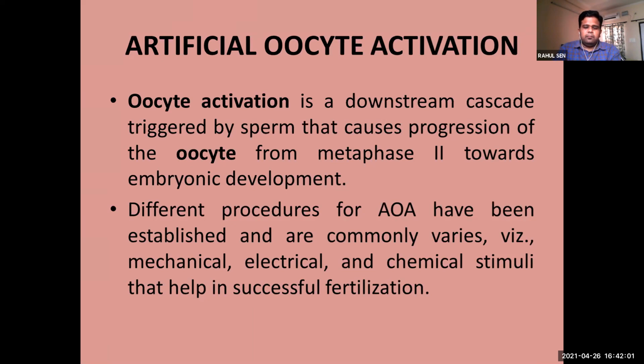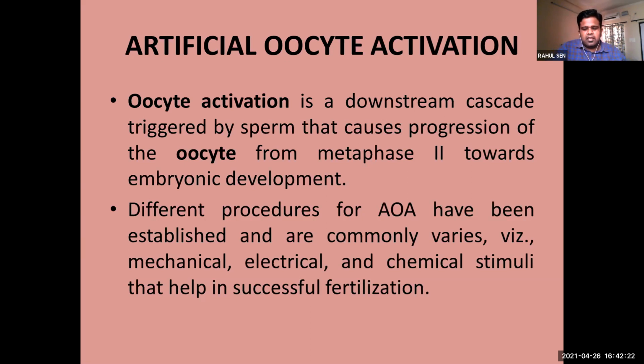There are different techniques by which artificial oocyte activation can be done: mechanically, electrically, or chemically. The chemical form is the most used portion of artificial oocyte activation, and is available commercially.